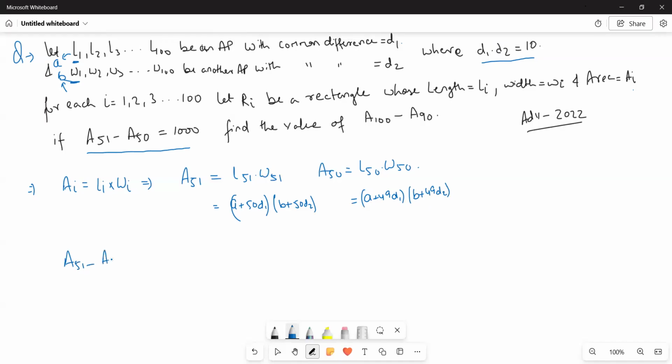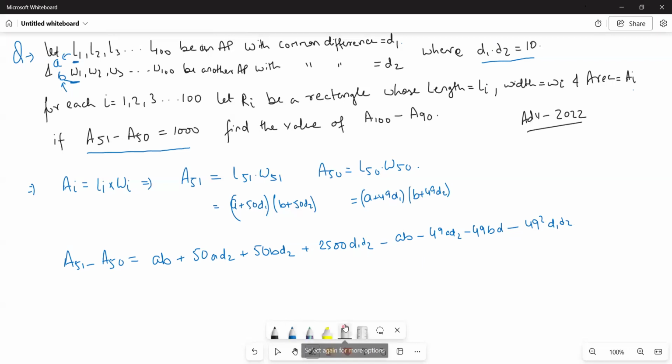So A51 minus A50 would be ab plus 50 times aD2 plus 50 times bD1 plus 50 square D1 D2, minus ab minus 49 aD2 minus 49 bD1 minus 49 square D1 D2.